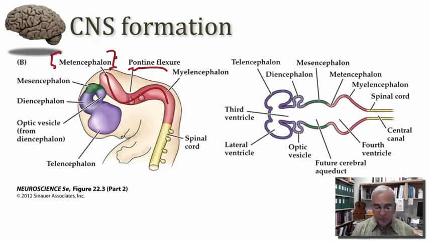In the more rostral direction, we have a metencephalon, and then more caudally, just posterior to this flexure, is the myelencephalon. So the metencephalon is what will go on to form the pons and the entire cerebellum. The myelencephalon will form the medulla oblongata.